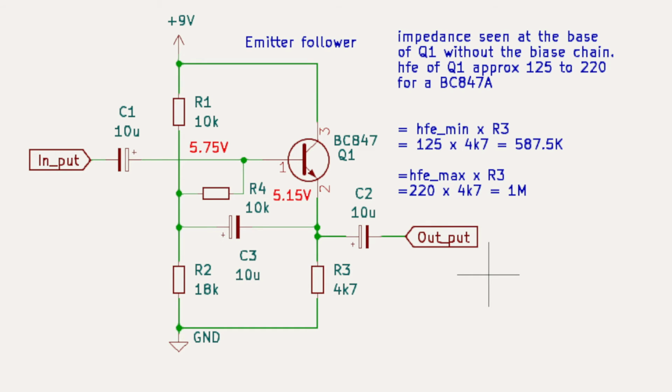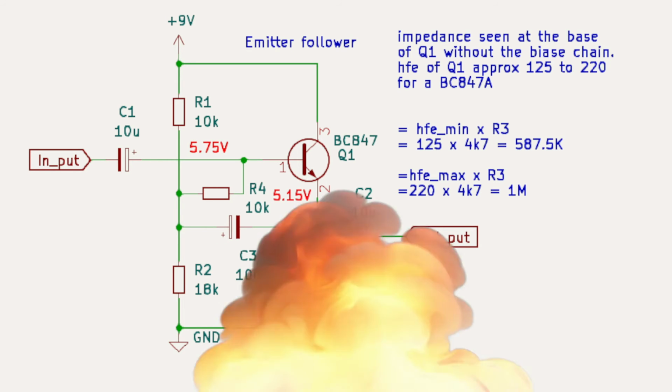So let's go back to the board, knock up this circuit and see how close we are. First of all, we'll measure the input impedance without the capacitor in circuit, then we'll plop it in and redo the impedance and see by how much it changes. So back to the board.